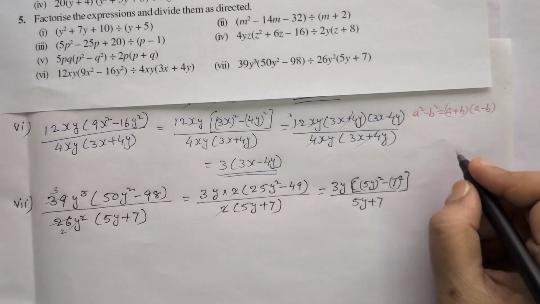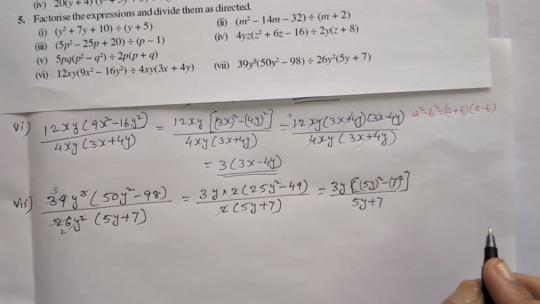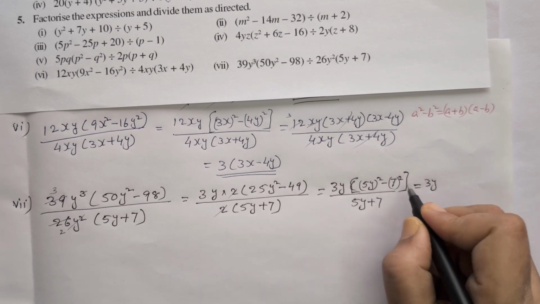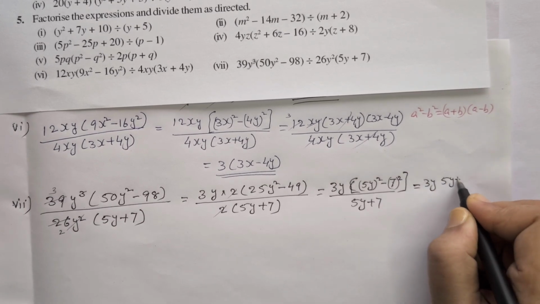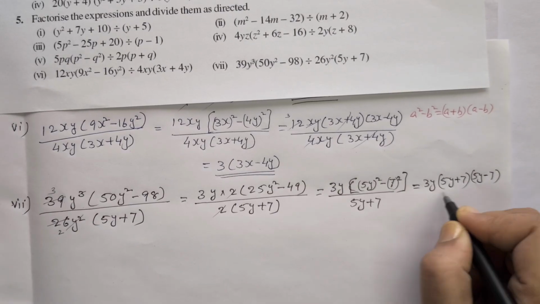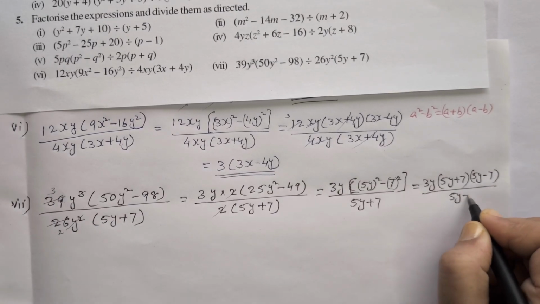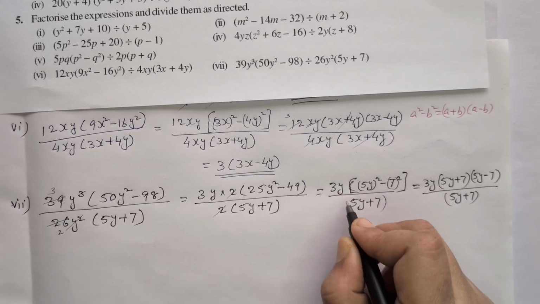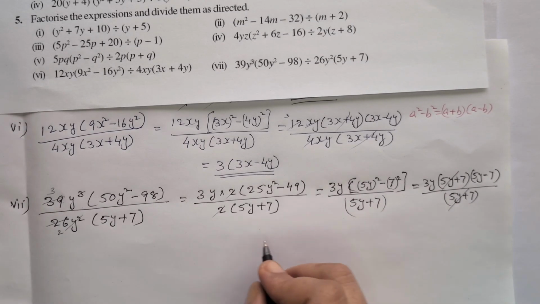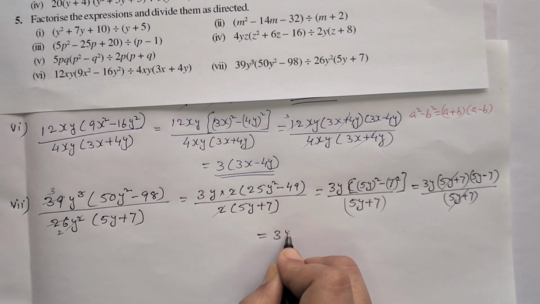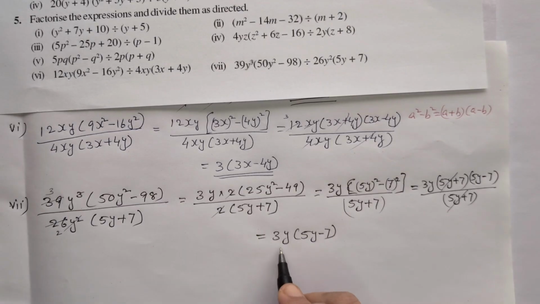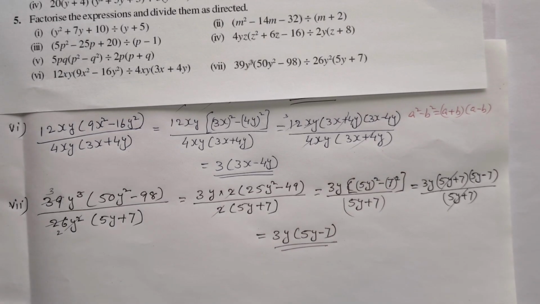This is the same identity, a square minus b square. So we can write 3y into a plus b, 5y plus 7, into 5y minus 7, divided by 5y plus 7. So this 5y plus 7 we can cancel. Then remaining is 3y into 5y minus 7. So 3y into 5y minus 7 is the answer.